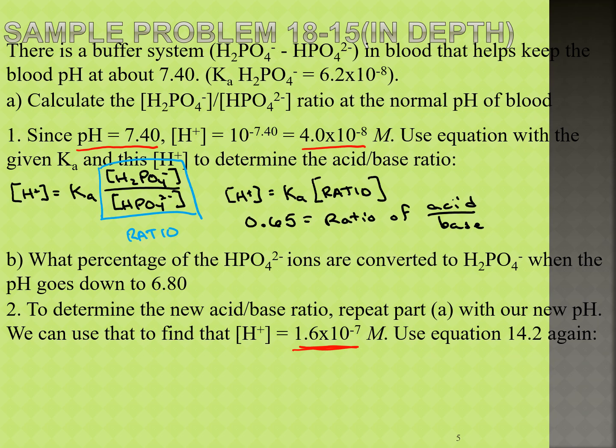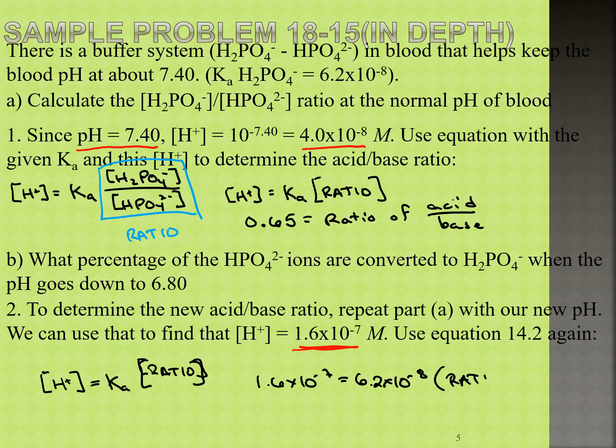Now I have my H plus is equal to Ka times our new ratio. I'm just going to write ratio here. So our H plus in this case is 1.6 times 10 to the minus 7, equal to the Ka, which is the same as it was above, 6.2 times 10 to the minus 8, times our ratio.